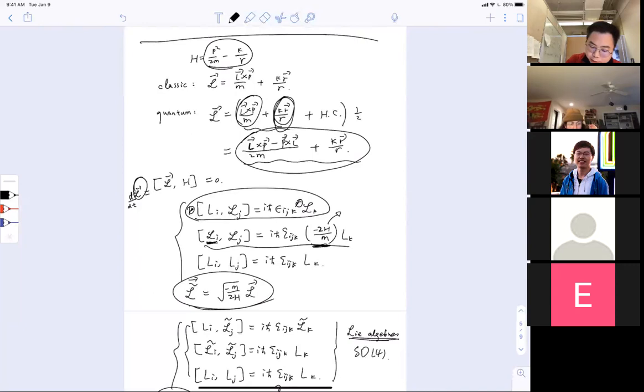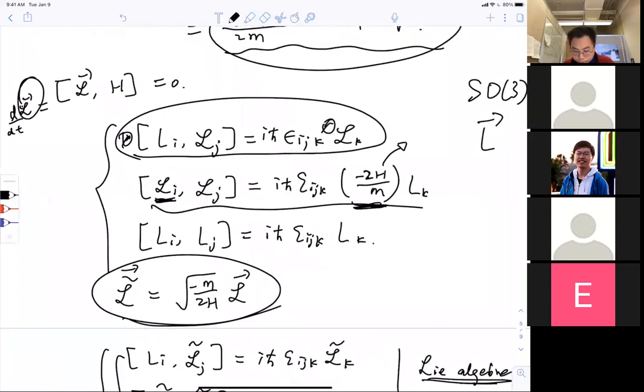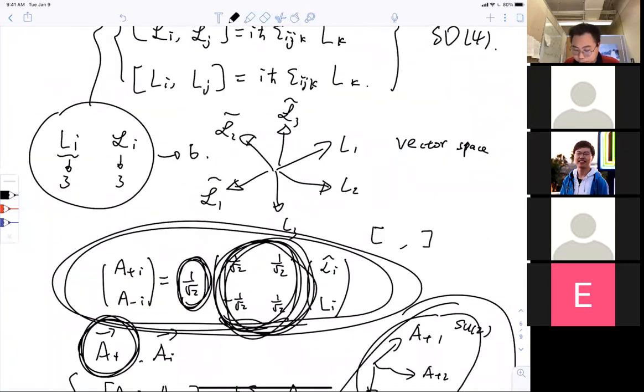If your potential is not 1/r, then this K is not conserved. Then you won't have a generator like this. Then your group is still SO(3), and the generator is angular momentum L. Okay, so that's all I want to say today.